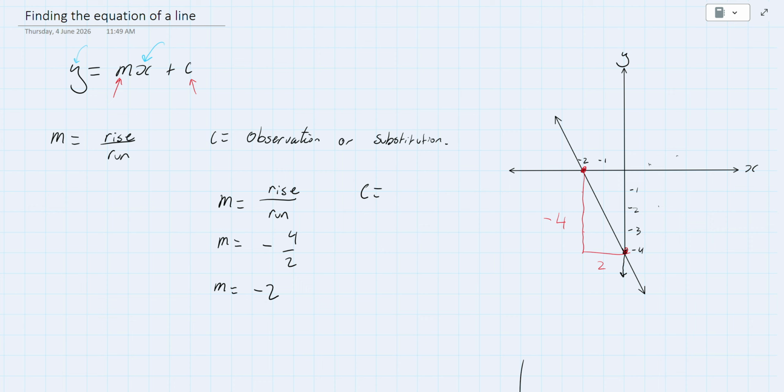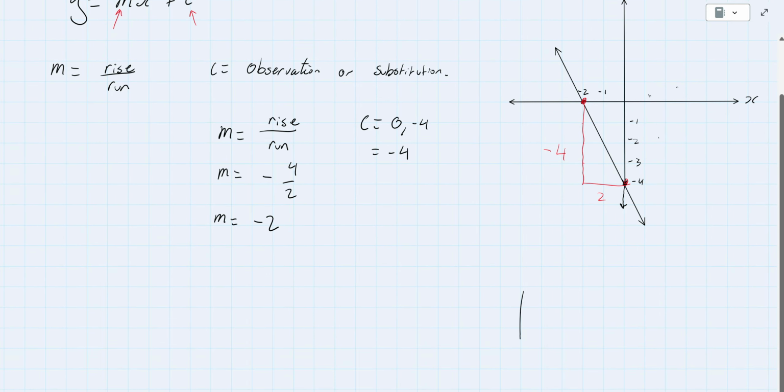Then to find c, our y-intercept, we can see that our line intercepts at 0, negative 4. So c is negative 4. So our rule of y equals mx plus c is going to be y equals negative 2x minus 4.